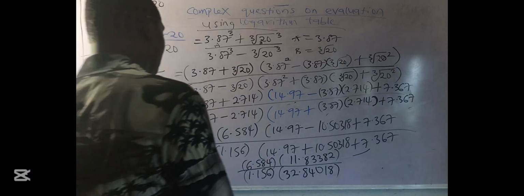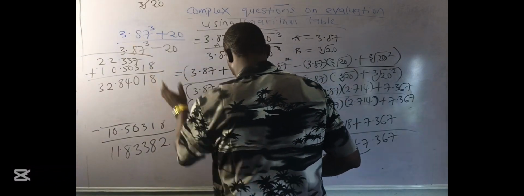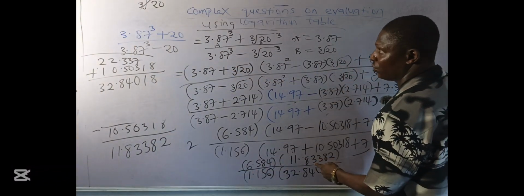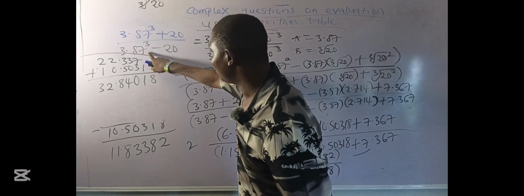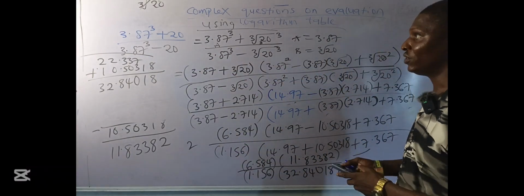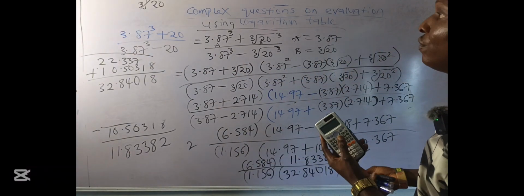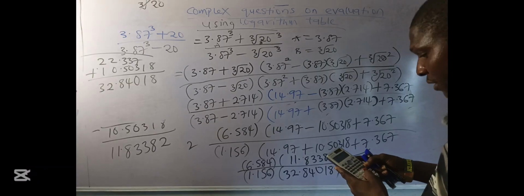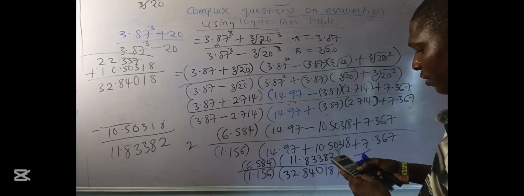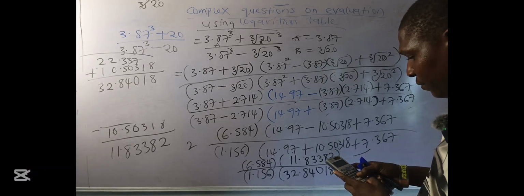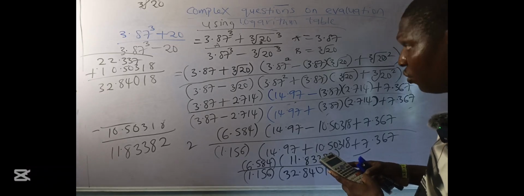So we check with our calculator if this top expression gives us this top expression, we can proceed. And if this bottom expression gives us this bottom expression. So let's see. For the top expression, we have 3.87 raised to power 3 plus 20.